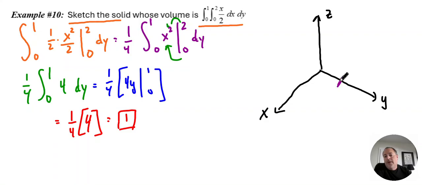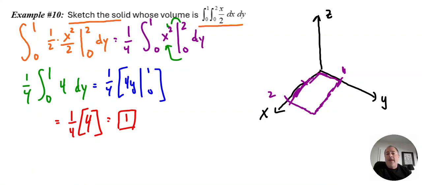So right here, 1. And then on the x-axis, we're going to go 2 units. And so what we're creating here, guys, is the base of our prism, right? This is the rectangle that we are integrating on.